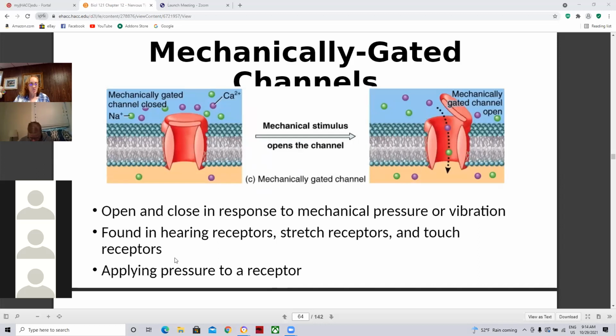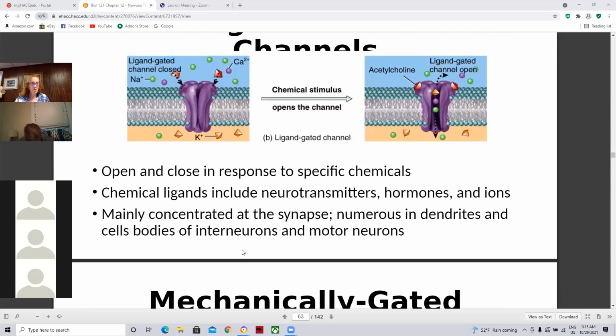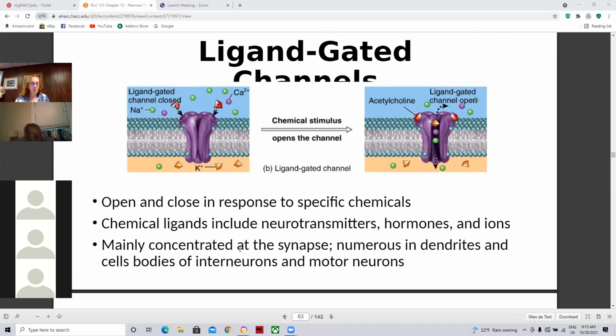Mechanically gated channels are going to open in response to pressure or vibration. We find these in hearing receptors, stretch receptors, and touch receptors. You push it, you bump it, and it opens. With ligand-gated channels, you bind a chemical to the channel and it opens or closes.